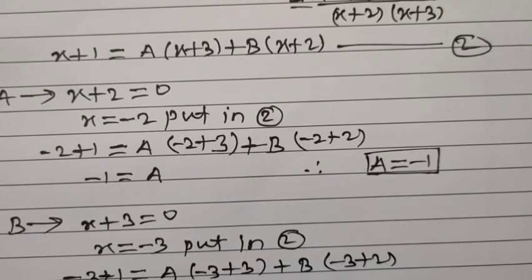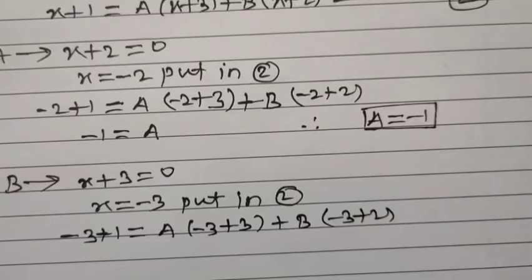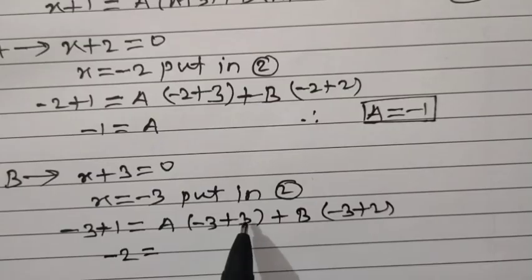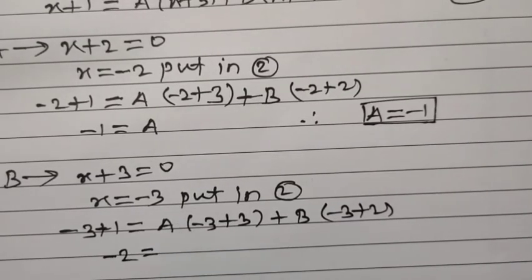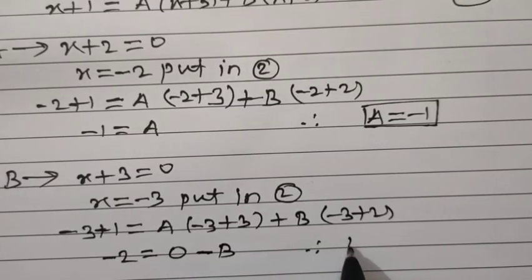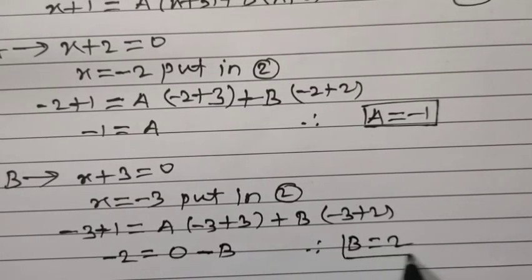Okay, minus 3 plus 1, that is nothing but minus 2. Left hand side becomes minus 2. On right hand side, minus 3 plus 3, which is 0. 0 into something, that is 0. Minus 3 plus 2 is minus 1. So minus 1 into b is minus b. Okay, hence this implies b is equal to 2. These are values of constants a and b.